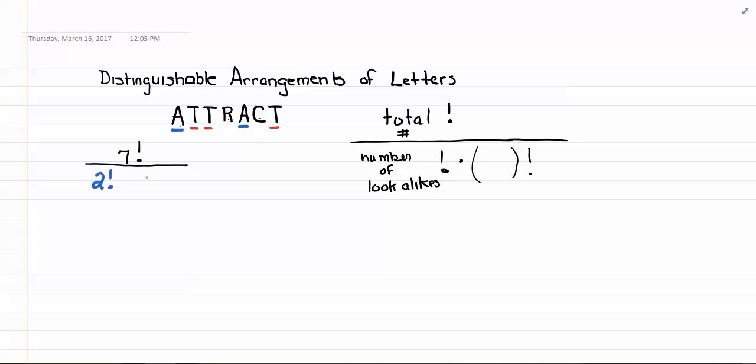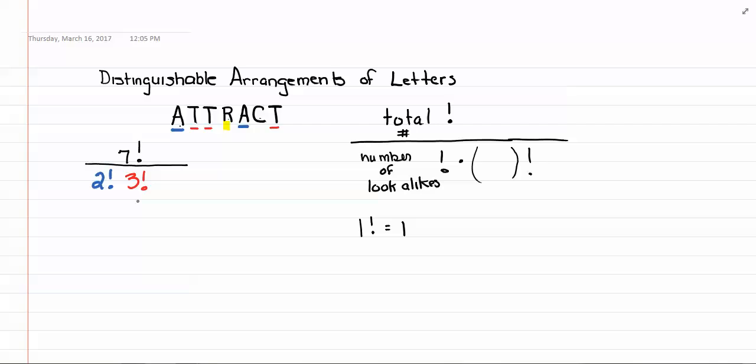All right, so I've got 3 factorial. The letter R only occurs once, and so does the letter C. But I don't need to put in here 1 factorial, because remember, 1 factorial is just 1. So if I put 1 factorial times 1 factorial, I'm really just multiplying by 1, and I'm not going to change the problem.